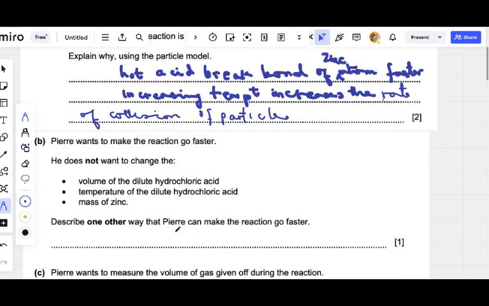Make the zinc lump in powder form. Increase the surface area. Make the lump of zinc in powder form. Grind the lump of zinc, because the reaction will be faster if you increase the surface area.